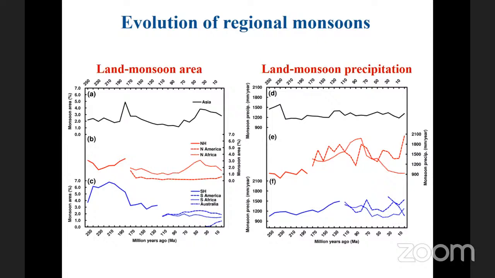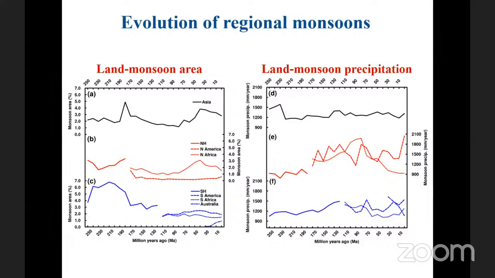We can see at the beginning, at 250 MA, for the supercontinent, there were 3 regional monsoons. There are 2 in the northern hemisphere separated by the Pacific Ocean. There is one in the southern hemisphere.